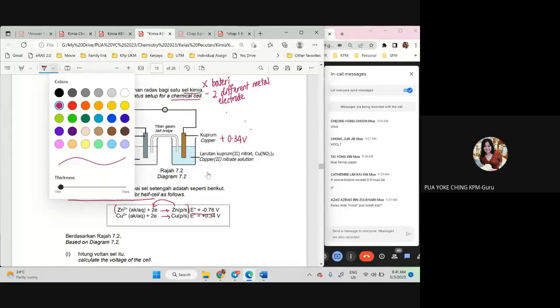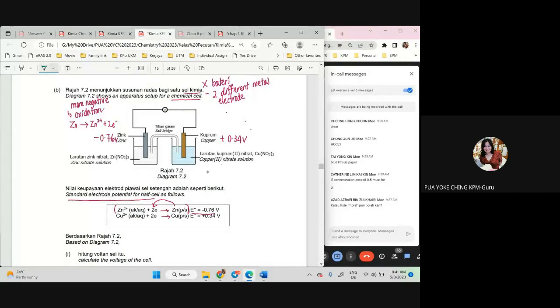Okay, part yang kedua untuk copper, E0 value more positive. Kalau more positive, dia mesti jalan reduction. Kalau jalan reduction, salin dari depan ke belakang. Okay, so salin je. Cu2+ tambah 2e- dapat Cu.